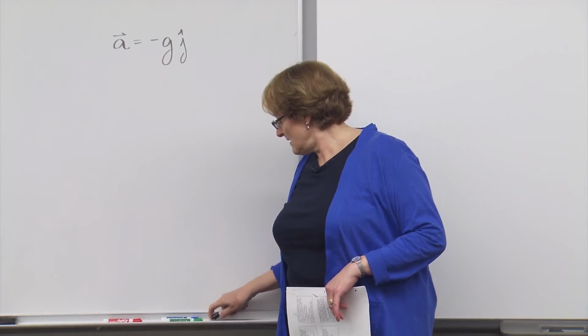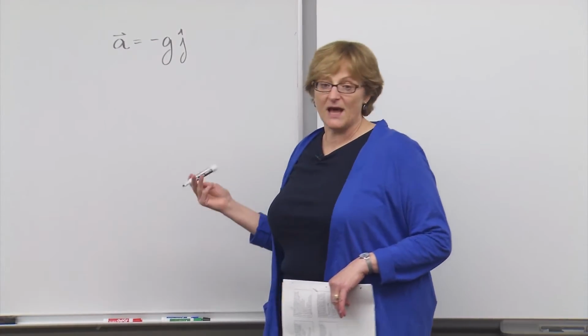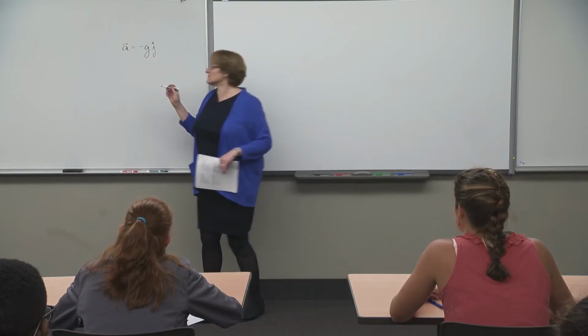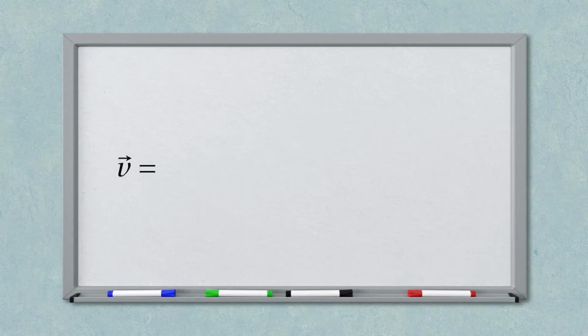Then the velocity for this special case of constant acceleration is whatever the initial x velocity is, plus, let me skip the y velocity for a moment, plus whatever the initial z velocity is.